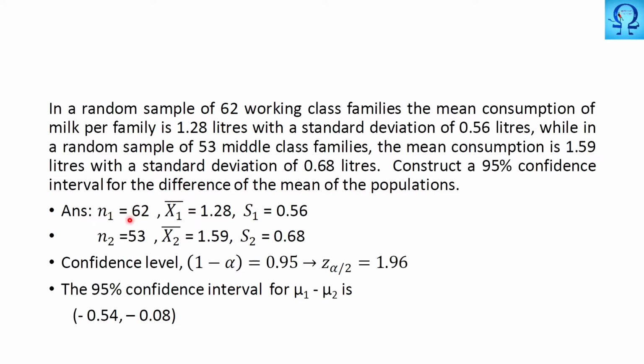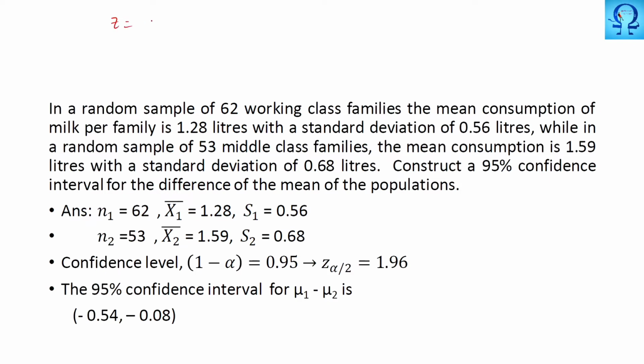So we find n1 is 62, x1 bar is 1.28, s1 is 0.56, n2 is 53, x2 bar is 1.59, and s2 is 0.68. Suppose in this problem, instead of asking for the interval, you are asked to test the hypothesis, what do we do?